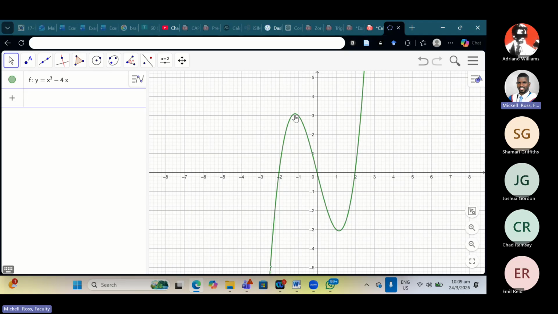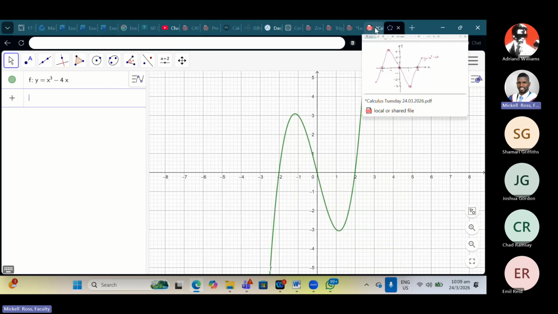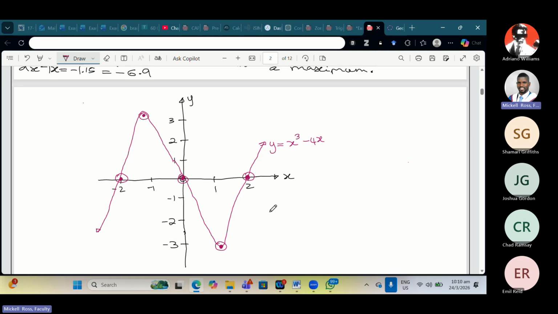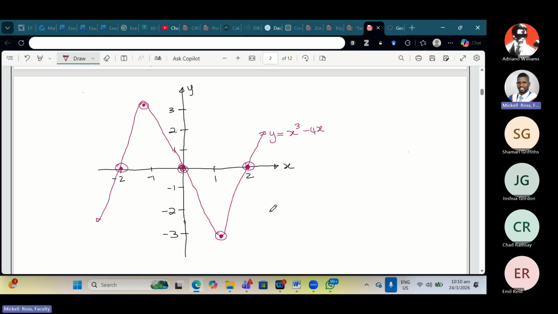The maximum point here is where we have -1.15 all the way up to 3.08, and then this one down here is positive 1.15, negative 3.08. So notice the general outline of the graph does coincide with what we have. I mean, it's not going to be perfect like what is there, but that would be the general outline of the graph. All right, go ahead and sketch this in your book while we get ready to look at another question.